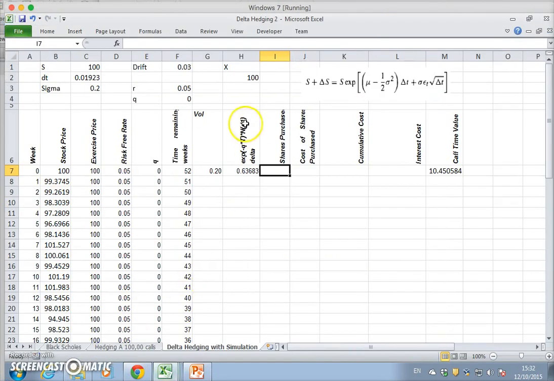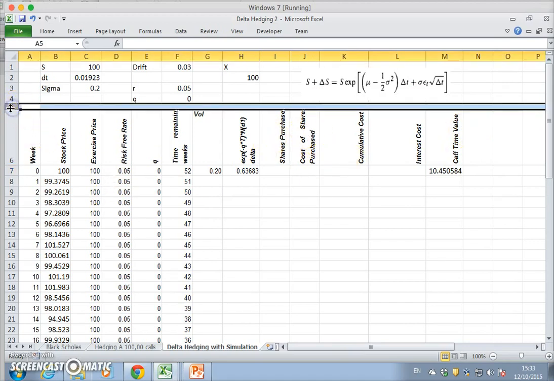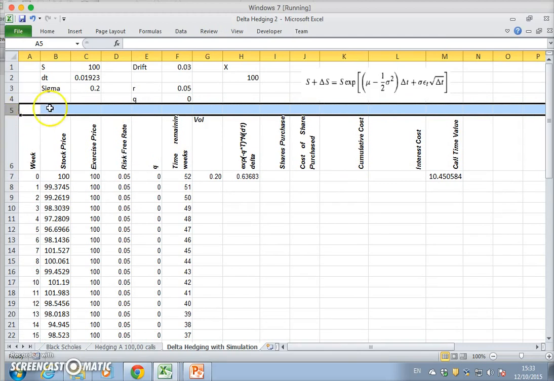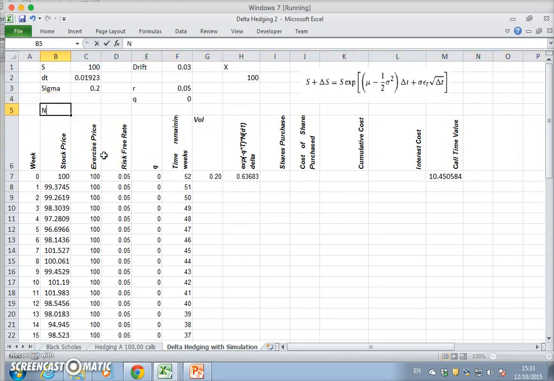So if we go back to our spreadsheet, we can put in here somewhere the value of our initial number of short calls, and we must specify a value here.